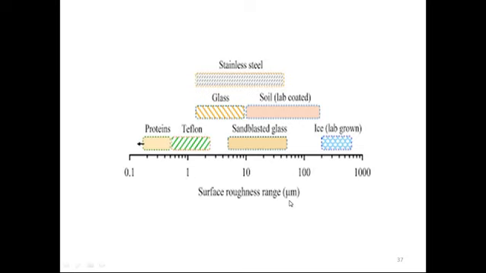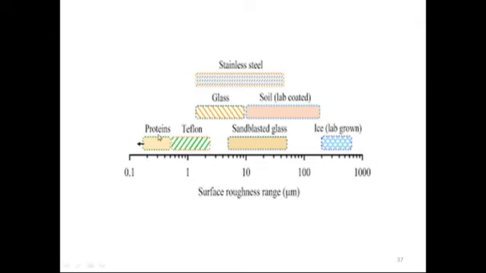This is surface roughness range in micrometers, starting from 0.1 micrometer to 1000 micrometer. And we know 1 mm is equal to 1000 micrometer. So this is the range given, and we have divided the materials into this range.